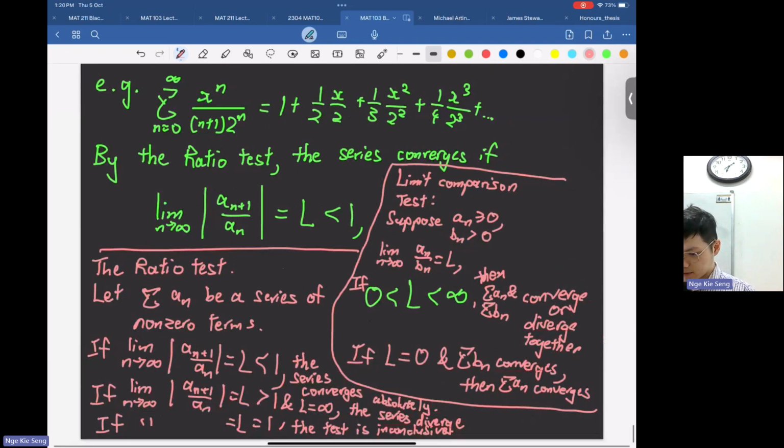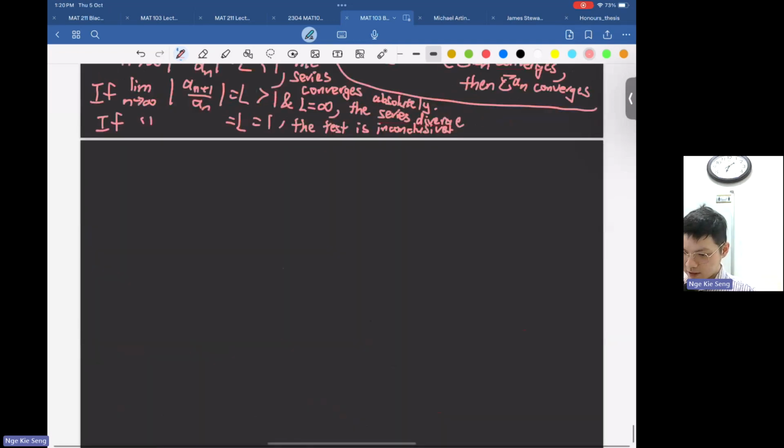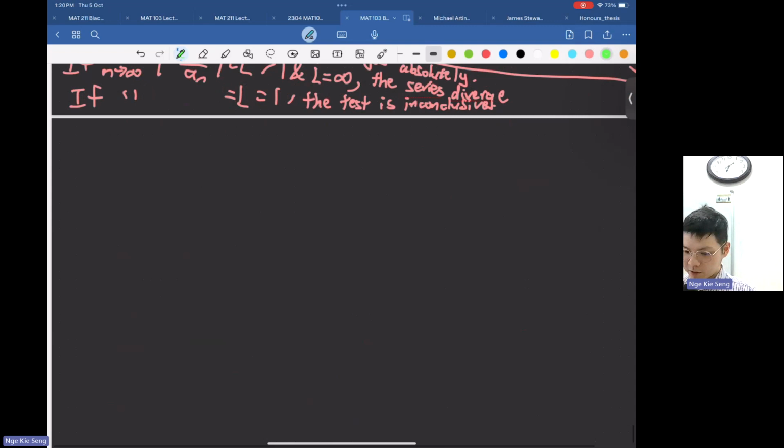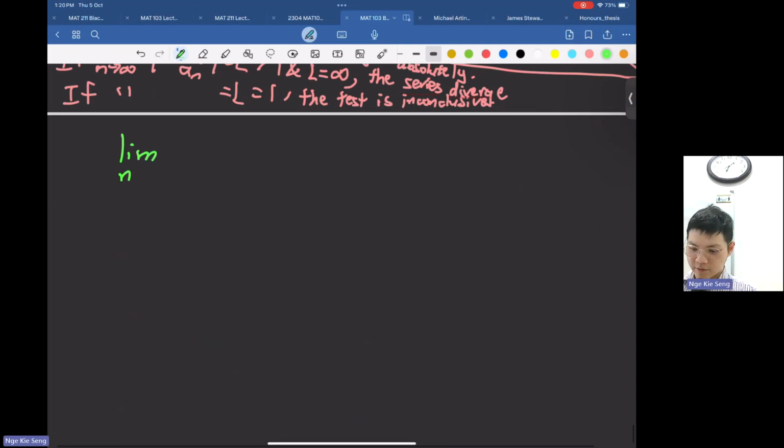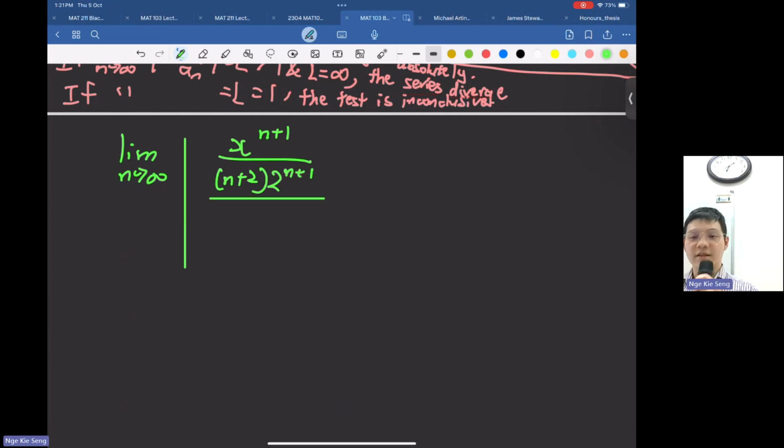Okay, so it's less than 1 actually. Let's use this to compute the limit as n goes to infinity of an plus 1. The n plus 1 term is x to the n plus 1 over n plus 2 times 2 to the n plus 1. I hope you have the question with you, because I didn't copy the question here; otherwise you need to believe me in my calculation.